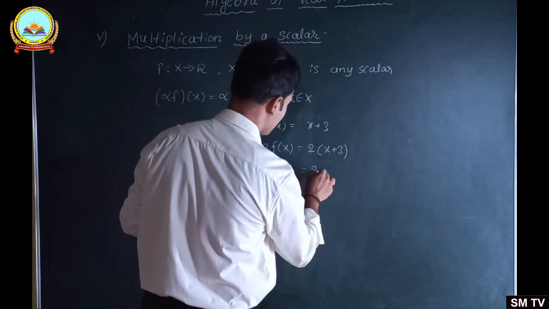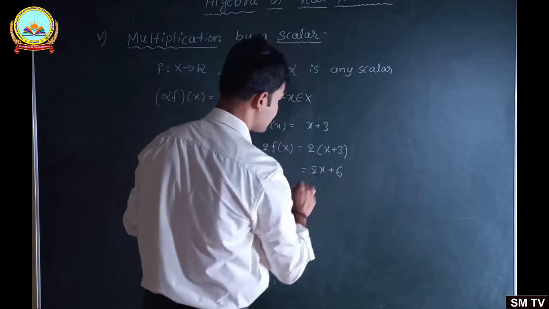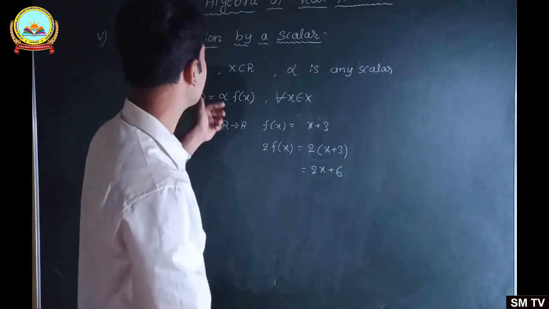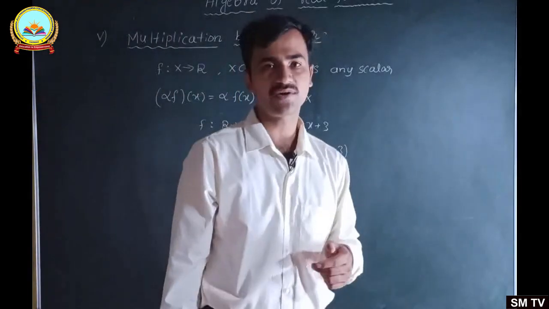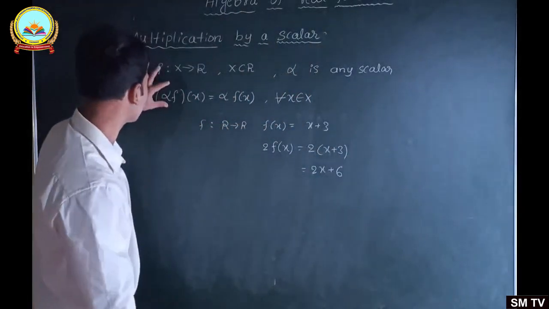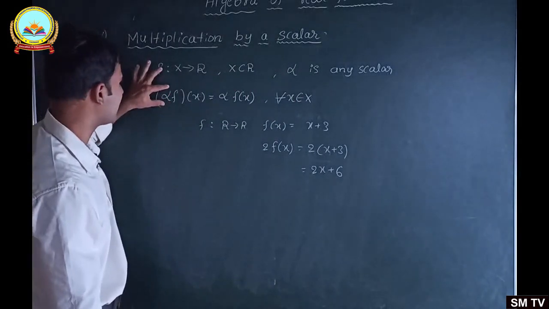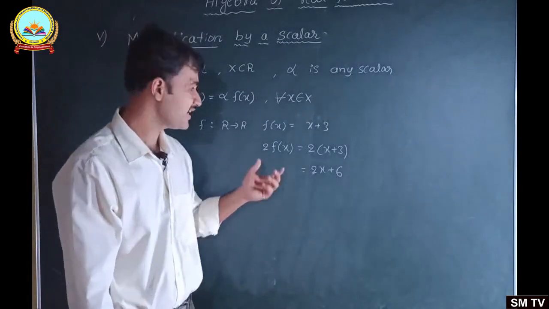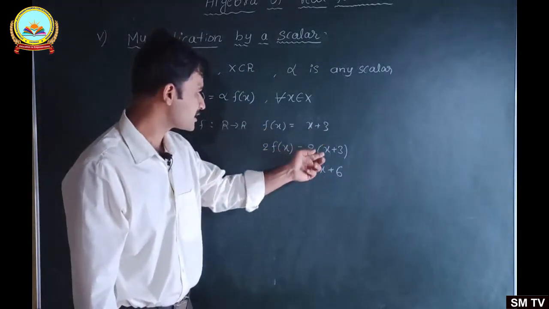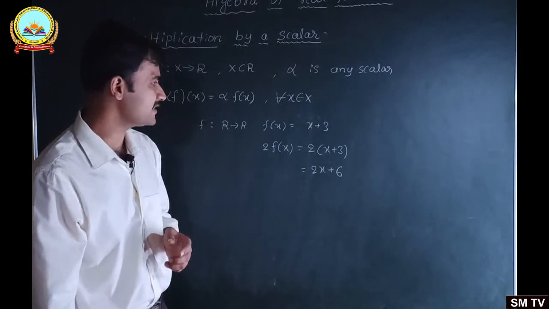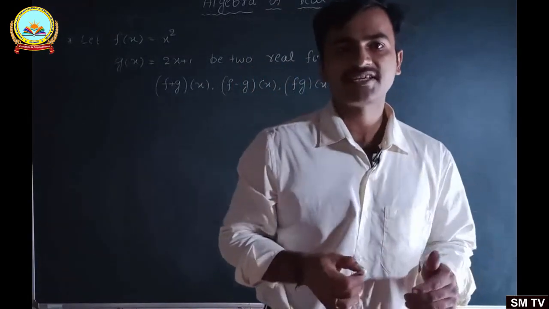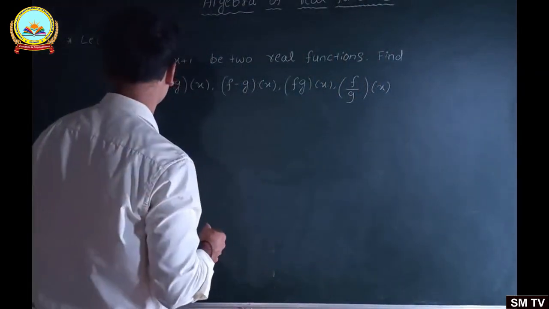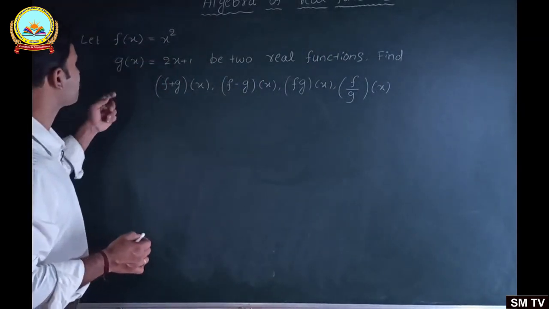That will be 2 into x plus 3, so this is equal to 2x plus 6. This is multiplication by a scalar. If a function is multiplied by a scalar, then it is that scalar into that function. Here it is 2 into x plus 3, so it becomes 2x plus 6.